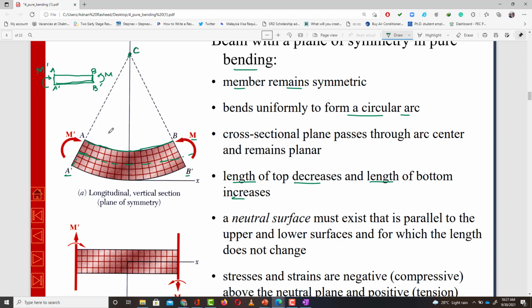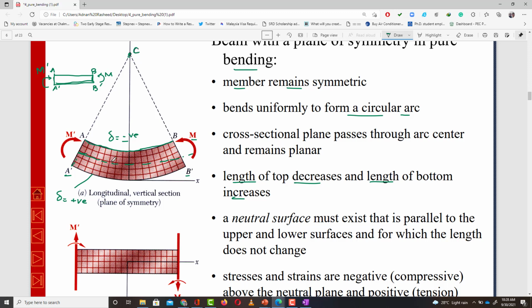In the upper portion, deformation exists, but that is negative. Negative means compression. In the below portion, or convex portion, elongation exists and it is positive, meaning tension. In between the upper and lower portion, there is a plane or axis which remains the same length as that of the initial beam.